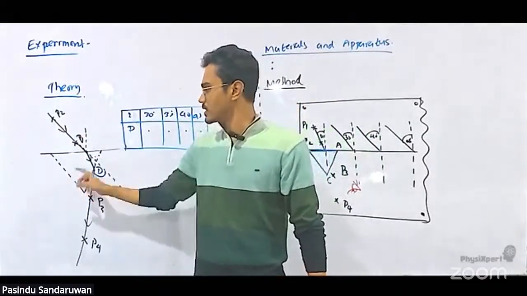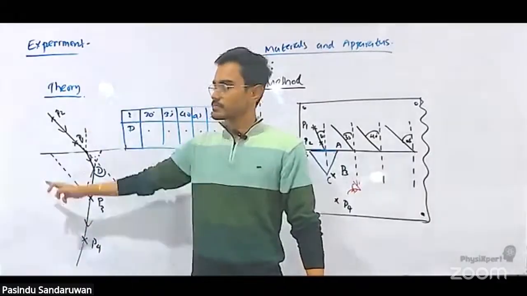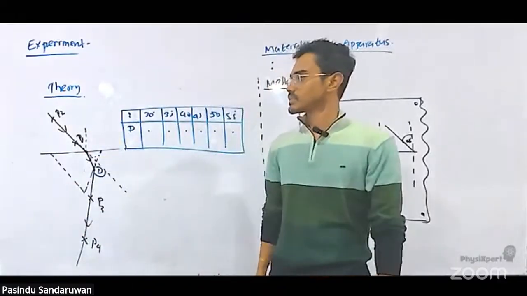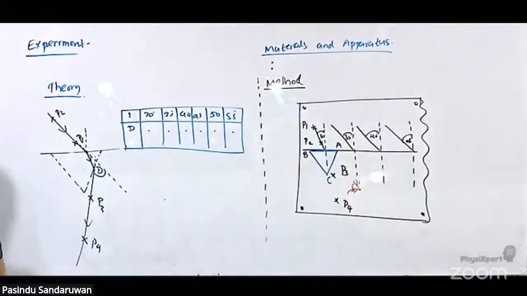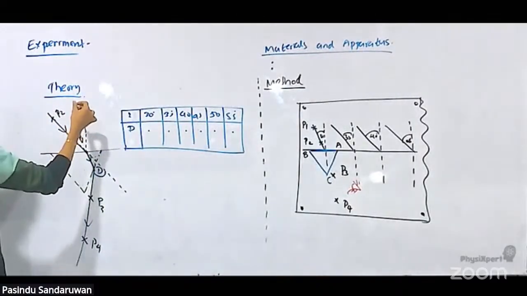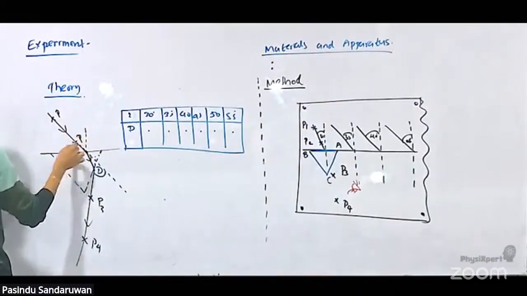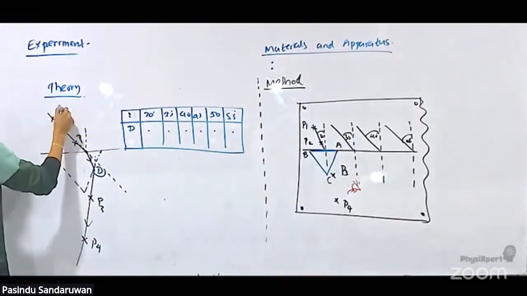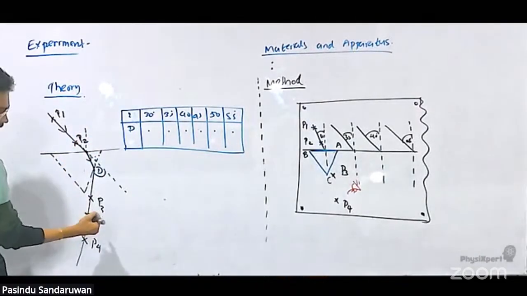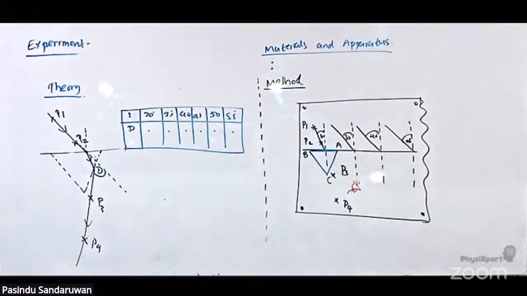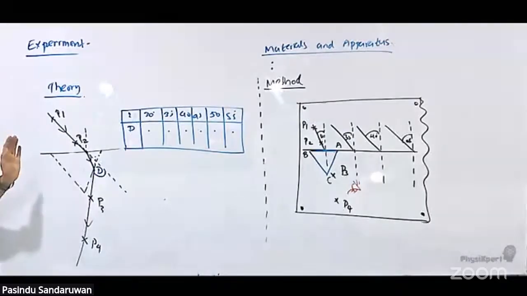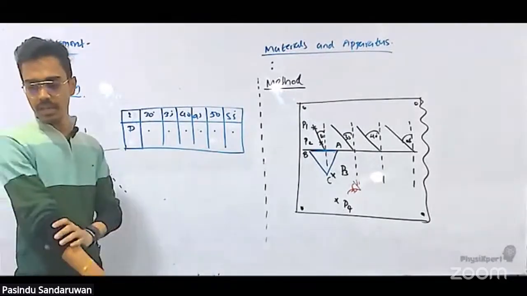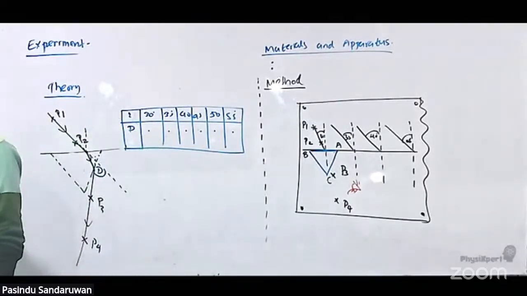This one, only this one, not the table, this one. P1, P2, P3, P4. And clearly show angle of deviation.